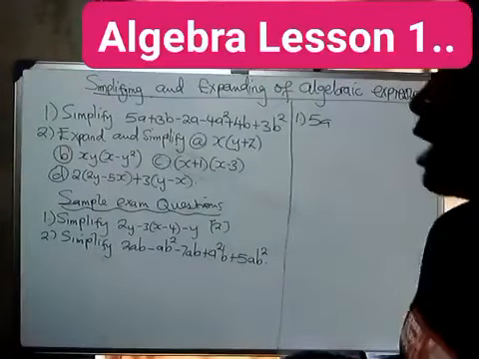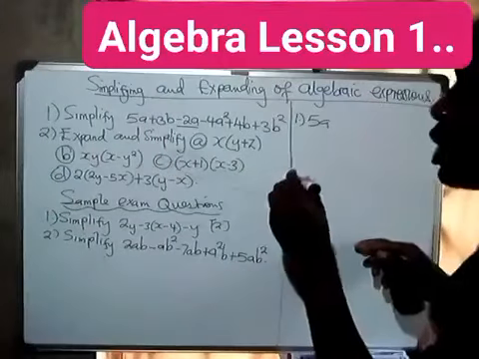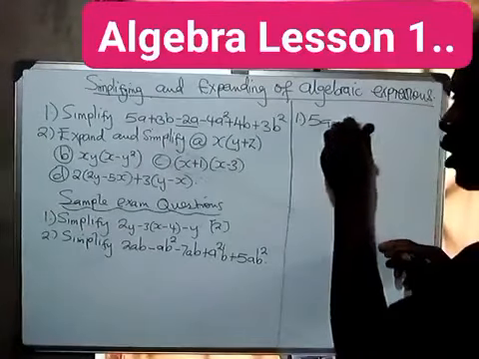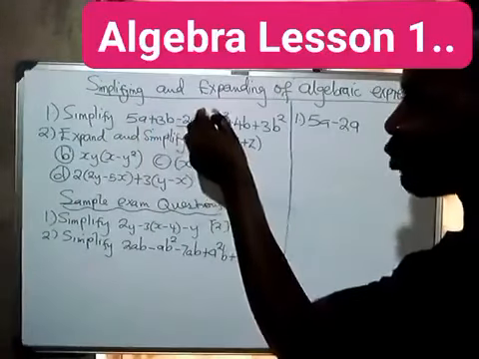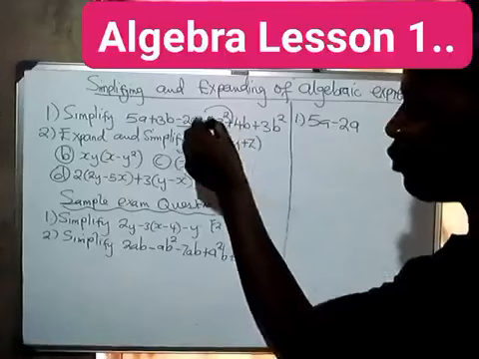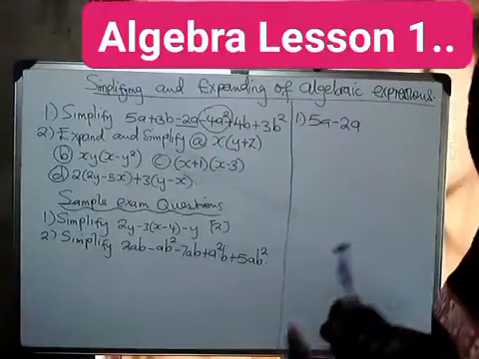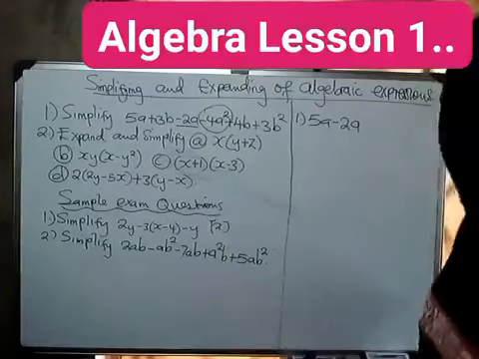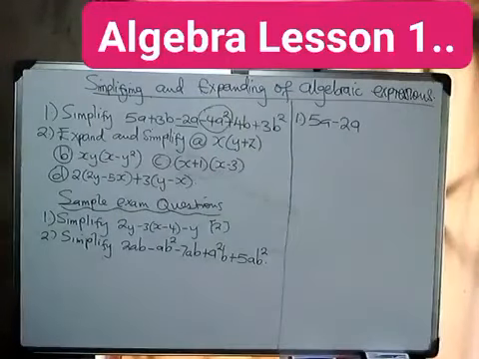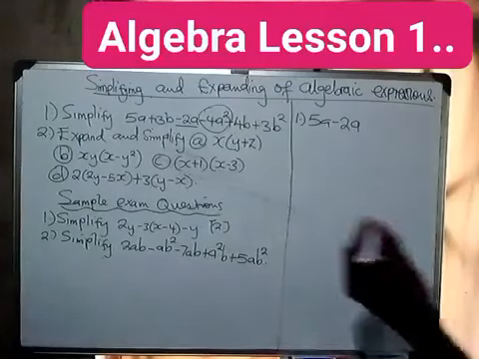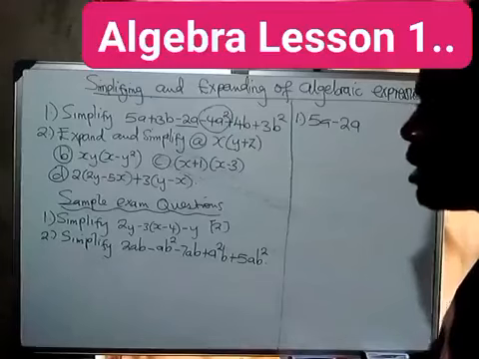So 5a has a like term, and the like term is negative 2a. 5a is not a like term to negative 4a squared. Of course, they have got the same variable, but the power, the index, is not the same. So 5a minus 2a are like terms.